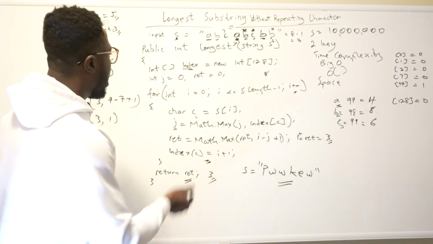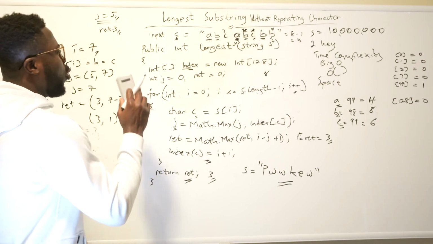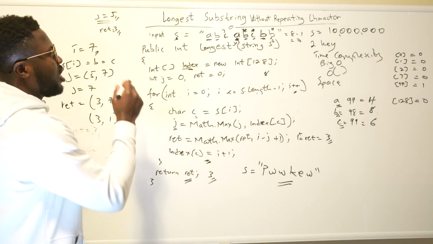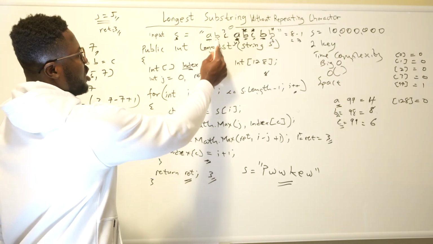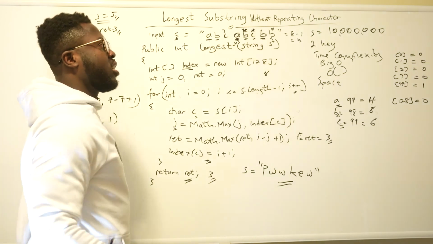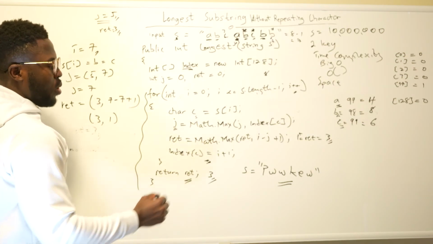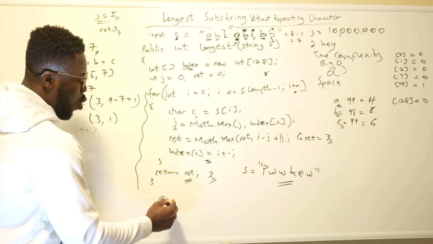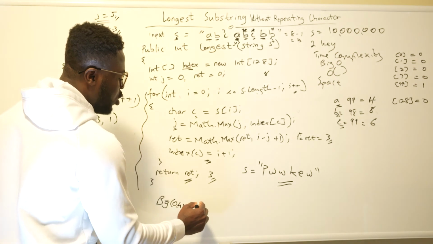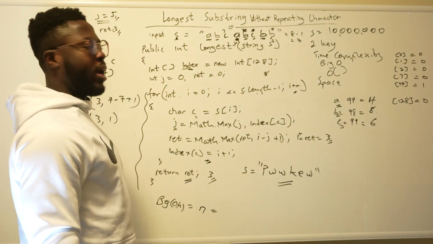Now let's talk about the important part of this, which is the time complexity and the space complexity. Because we stepped through, we visited each of these characters, so on this loop, our big O of n is going to be n, right?